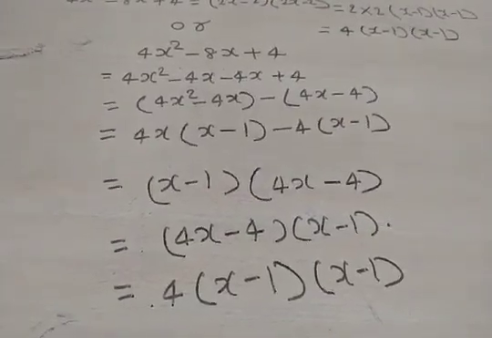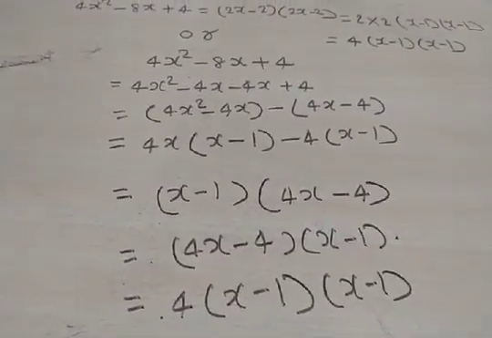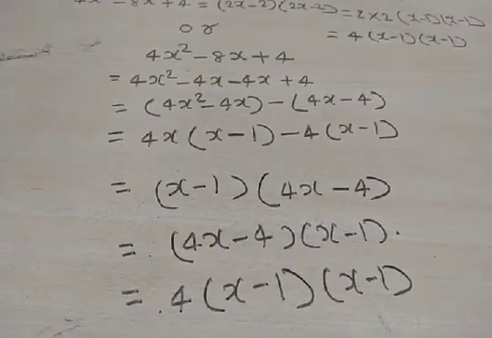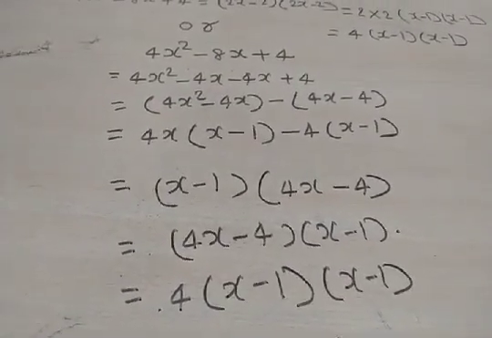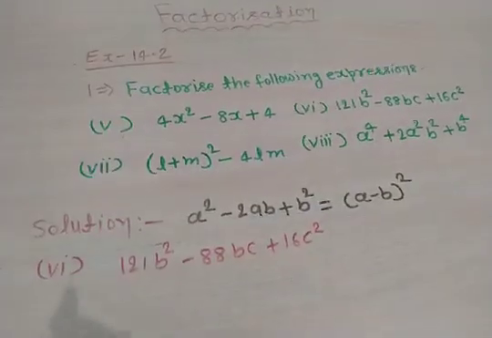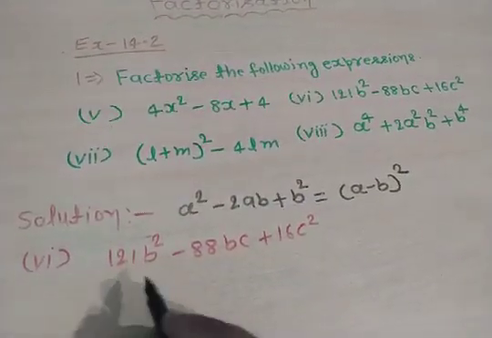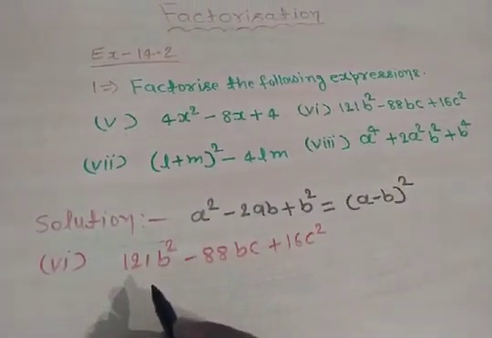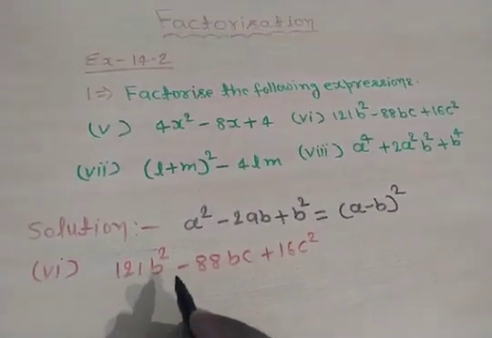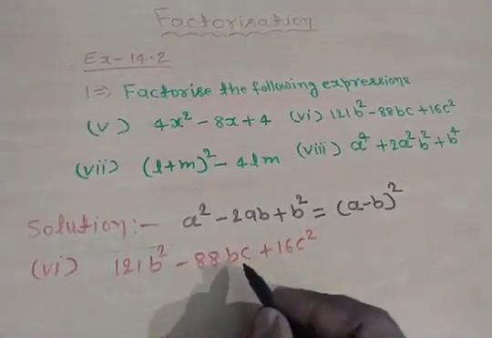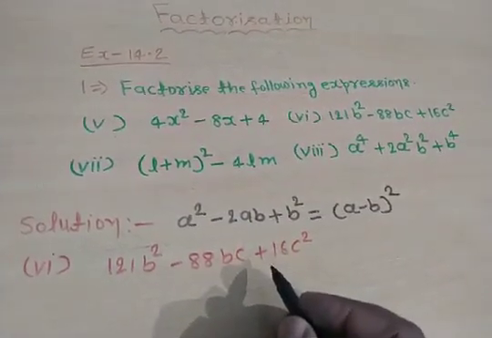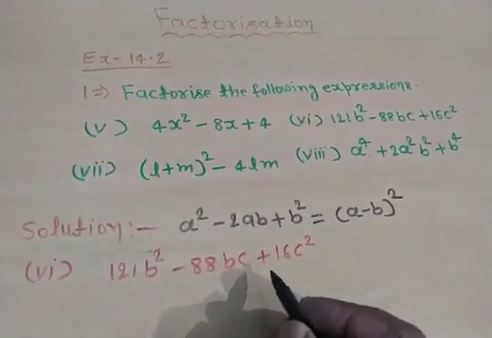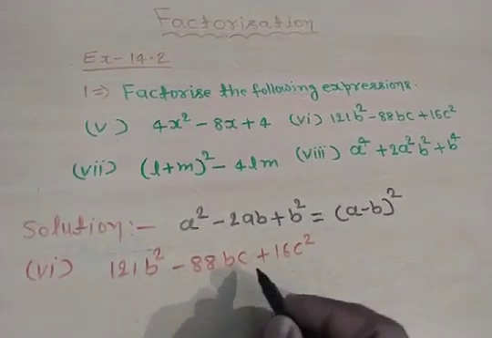Now we are going to solve sixth part of question number 1. This is a sixth part. 121 b square minus 88 bc plus 16 c square. Okay, so we find factorization of this expression.